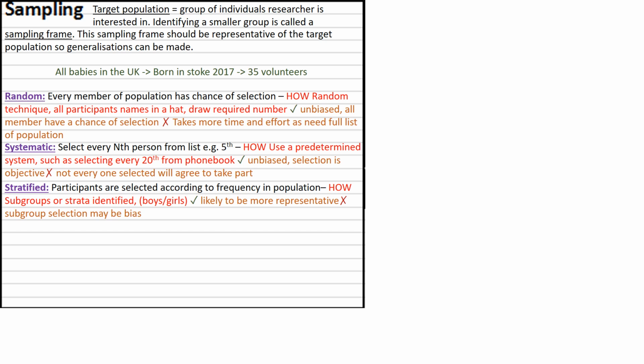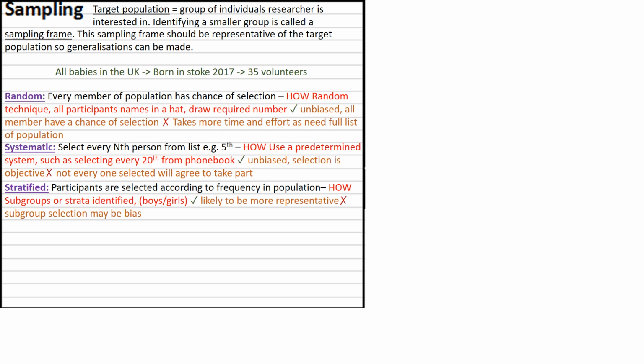So a real big positive from this is it's very likely to be representative of the general population, whereas a random and a systematic sample could just by chance not be representative.